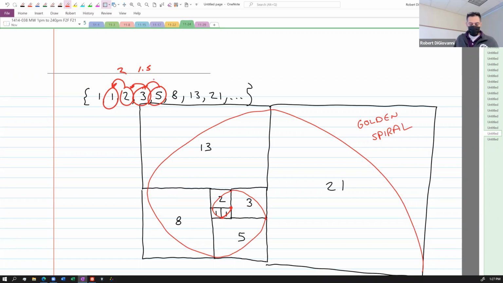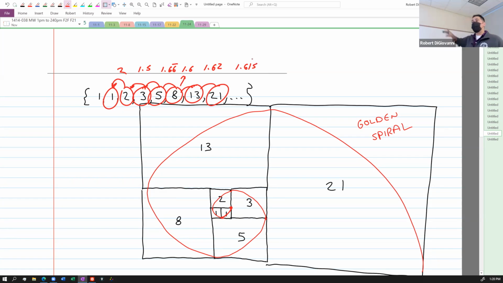All right, so 5 divided by 3, 1.6666. Do 8 divided by 5, 1.6. Now do 13 divided by 8, 1.625. Okay, now 21 divided by 13, 1.615-ish.